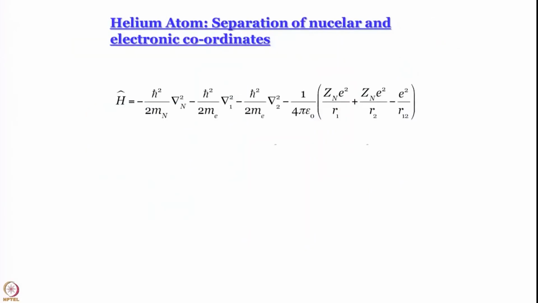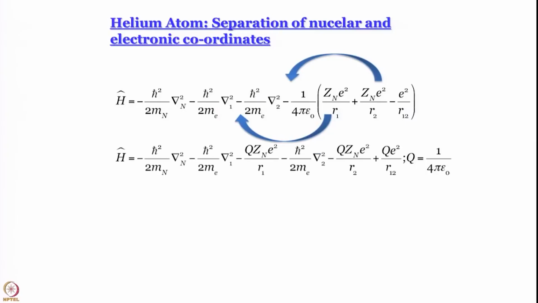Great. So, what you do is first of all you separate the nuclear and electronic coordinates, and while doing that you write the terms in electron number 1 together, and the terms in electron number 2 together. So, instead of 1 by 4 pi epsilon 0, like what we did in the hydrogen atom, we write Q, and this is what we get.